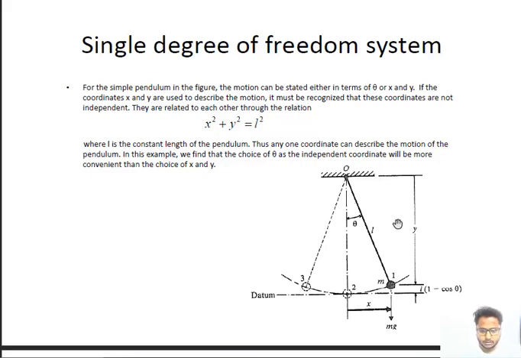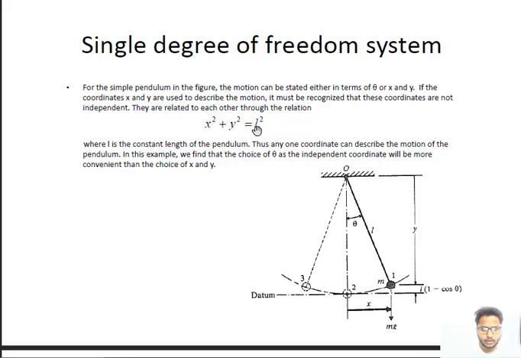So we can see x and y depend only upon theta. Theta is the only independent coordinate, while x and y are dependent, because of the Pythagoras formula: x square plus y square equals L square, that is, base square plus perpendicular square equals hypotenuse square.